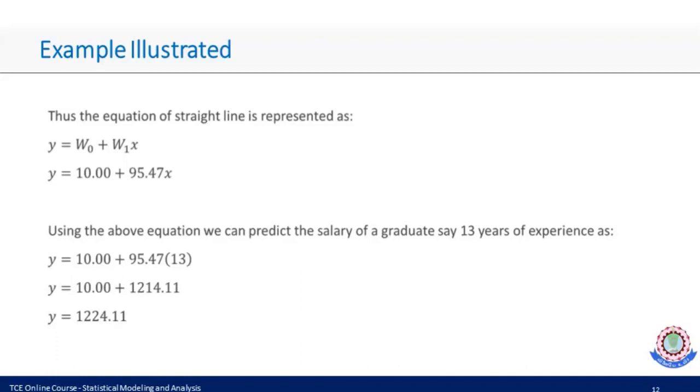So consider here, if I am having the value of experience of an employee, say 13 years, we can predict the same by substituting the value of x in the above equation, which correspondingly gives y is equal to $1224.11.